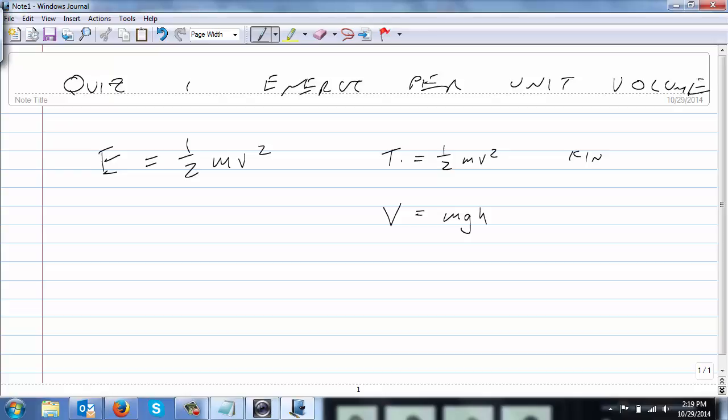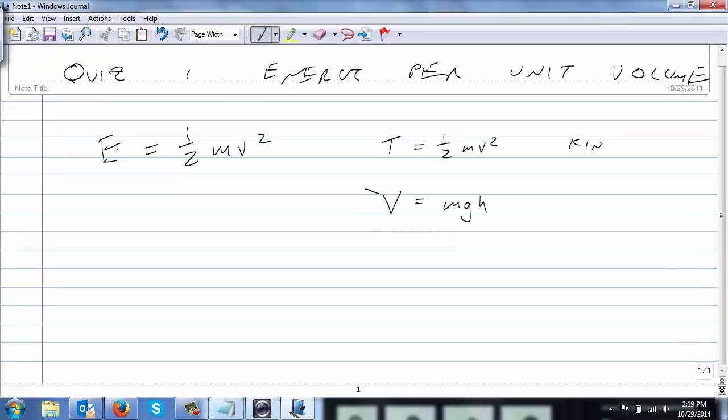So typically T is the symbol for kinetic energy, and V is sometimes the symbol for potential energy. But for our purposes, we're just going to use E for energy. If it ever came up, you might put a little K here for kinetic, so you can remember that.